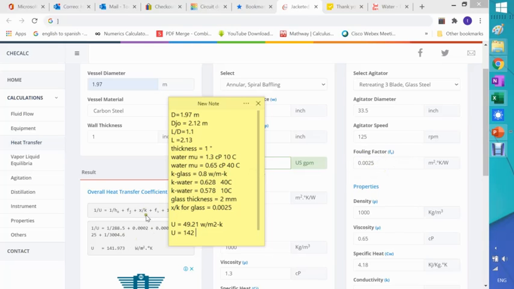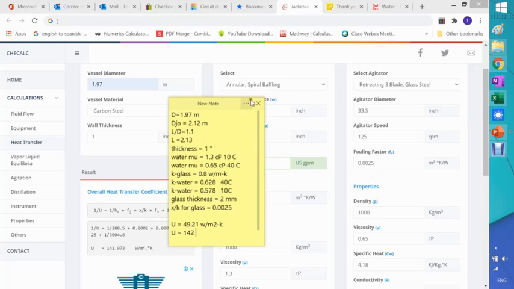It has the x over k for the thickness of the wall of the inner shell of the reactor, but not for the glass. So that's the way I fixed that up.